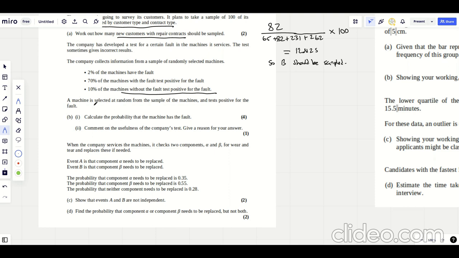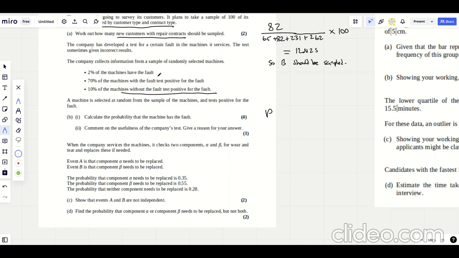Okay, right. A machine is selected at random from the sample of the machines and tests positive for the fault. Calculate the probability that the machine has the fault. Okay, right, so what are they really getting at here? A machine is selected at random from the sample of machines, and it tests positive for the fault. So that sounds like conditional probability to me, or this question is definitely going to be about conditional probability.